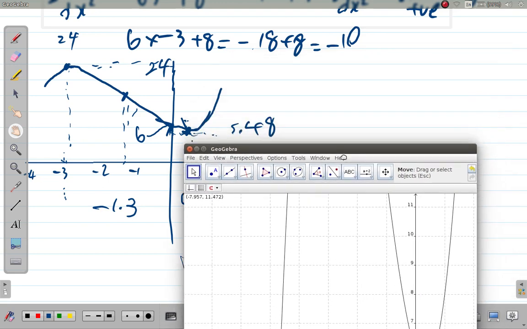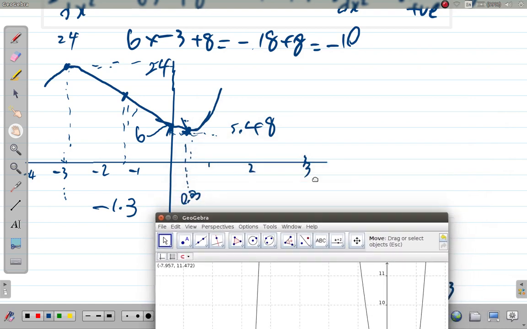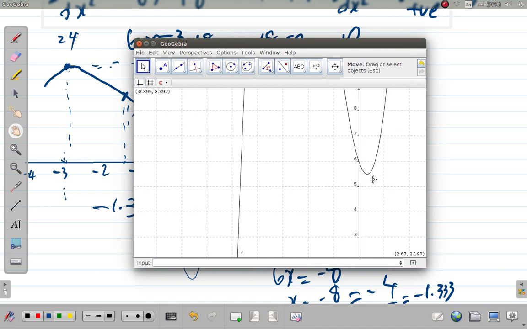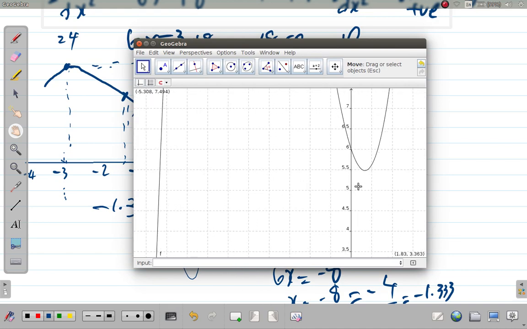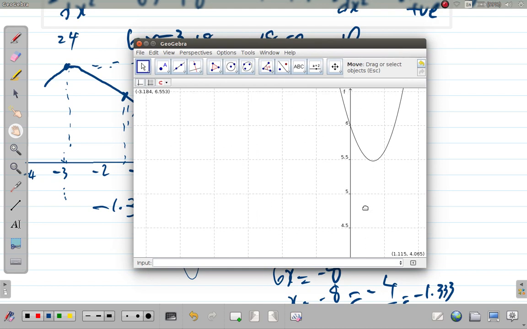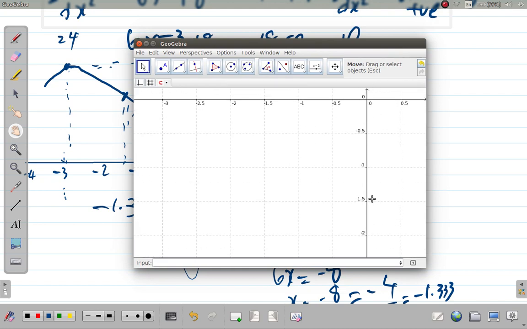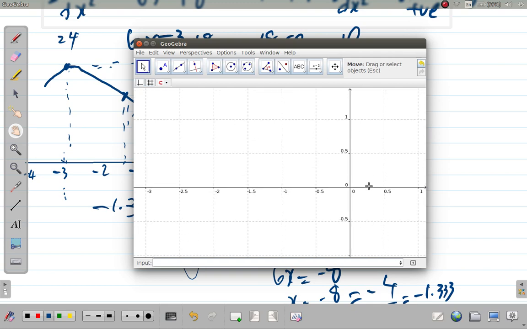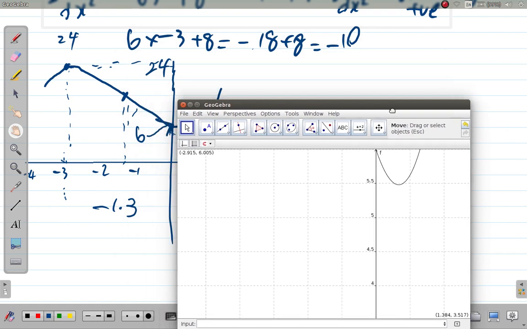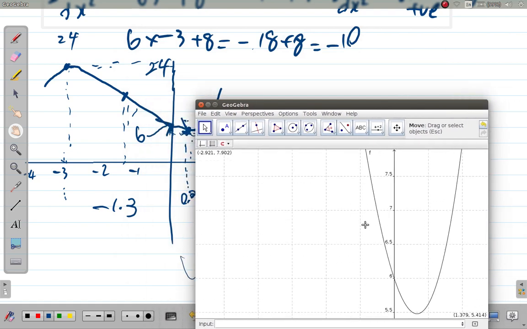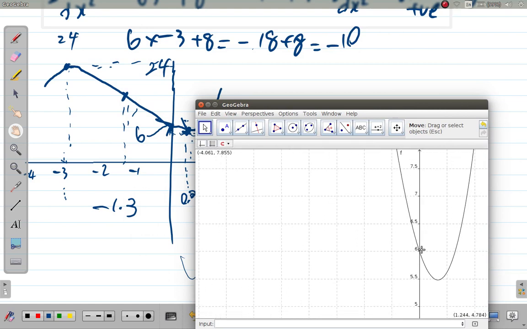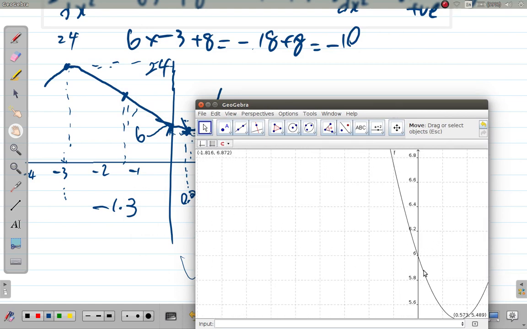And then the other point is a minimum at 0.3, 5.48. Let's see. It's 5.48. And this is 0.3. Just about there, right? The y-intercept is at 6. So it cuts the y-axis at 6. We can see it here. Good.